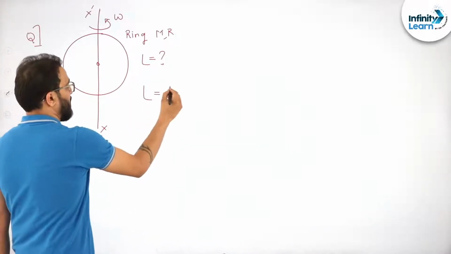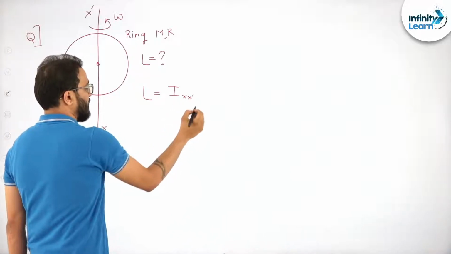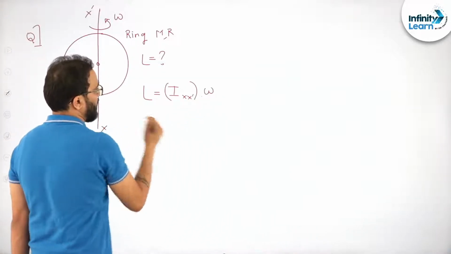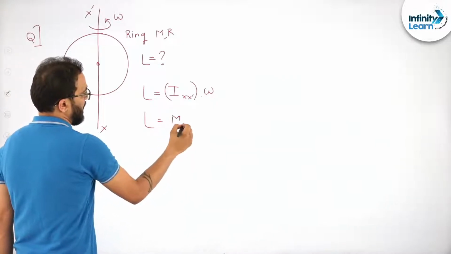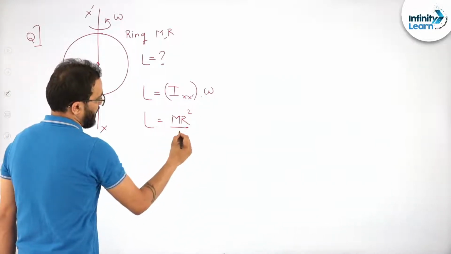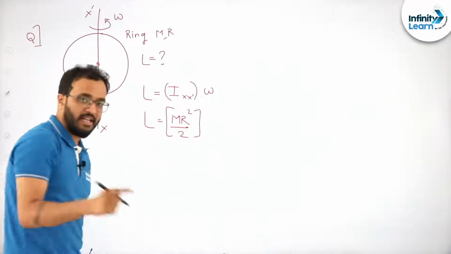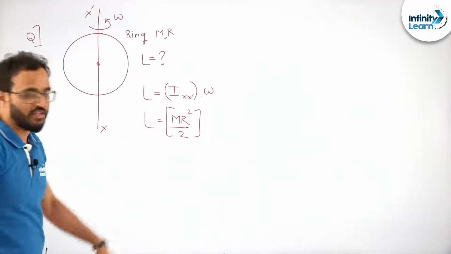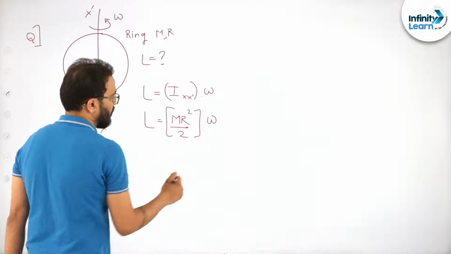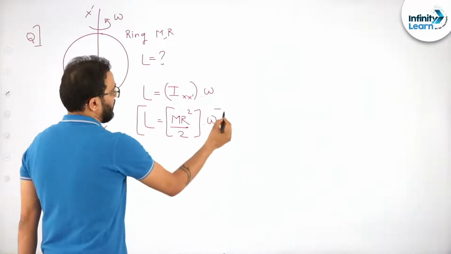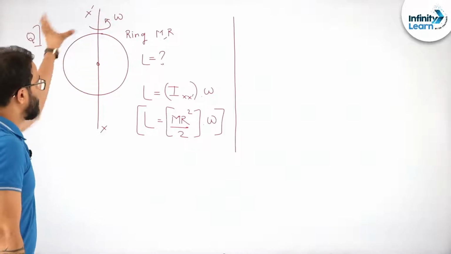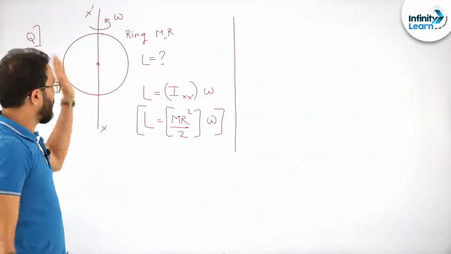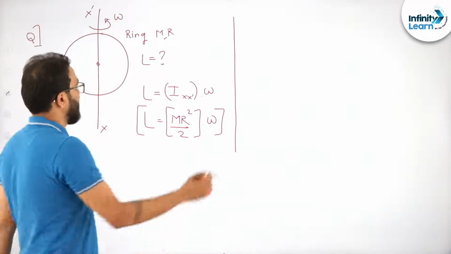So L will be I about x dash times omega, right? So it will be how much? It will be m r square by 2. Everybody knows for a ring about a diametrical axis, the moment of inertia is mr square by 2, times omega. So this is how you will get the value of angular momentum for this continuous body performing pure rotation about this particular axis.